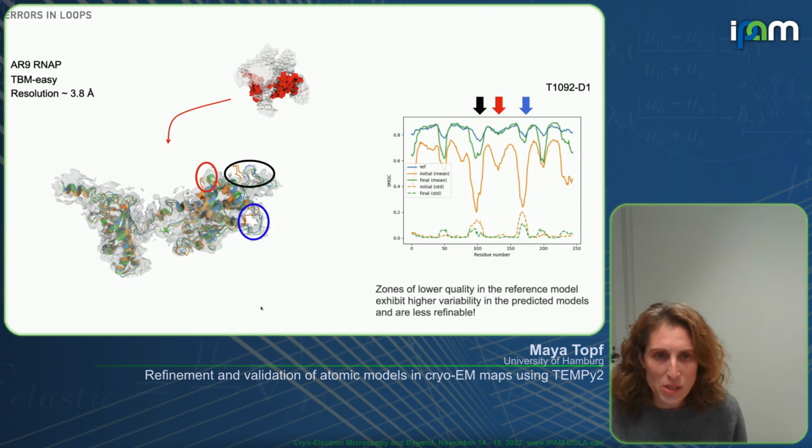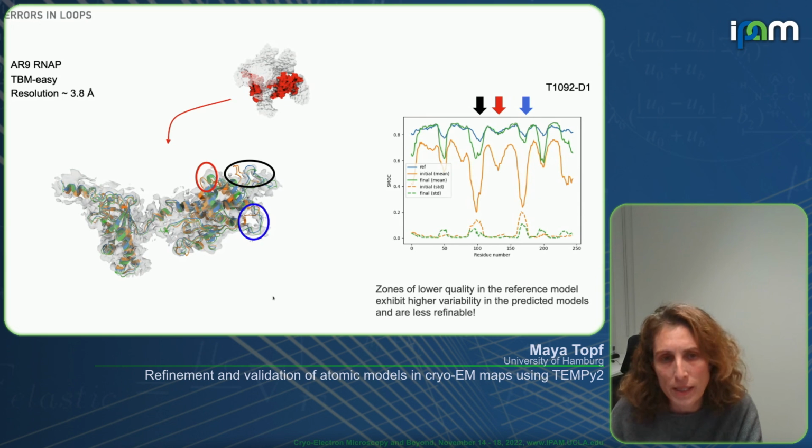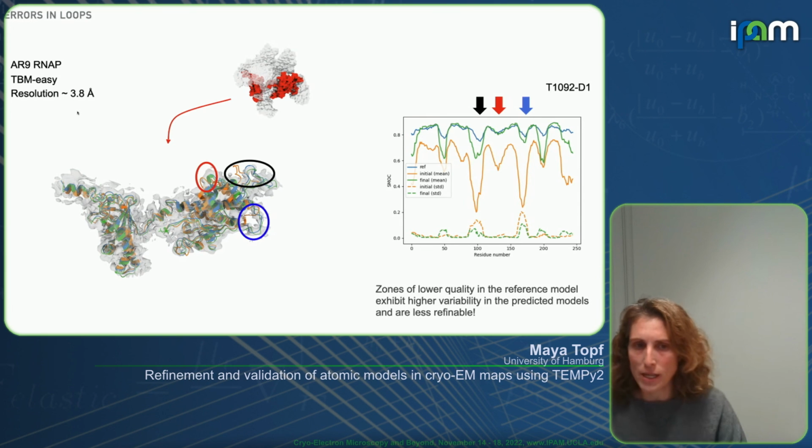And that's why it's still great to have cryo-EM structures, because they can really help us to refine those regions. And interestingly, what we found, and this is a 3.8 angstrom resolution, is that it's a region where you do get a lot of errors, especially in loops, because the side chains are not very well defined in many cases.